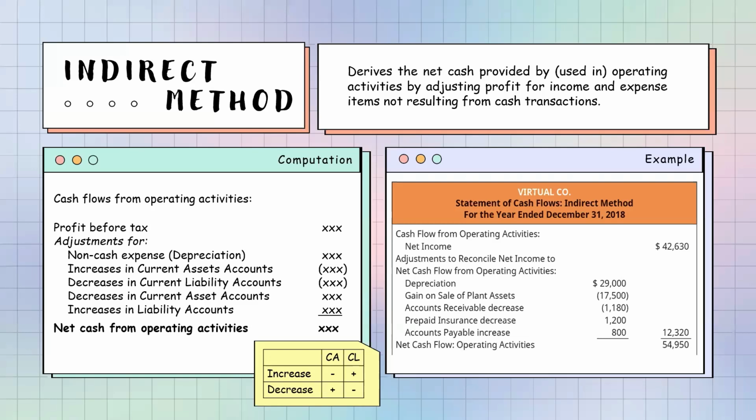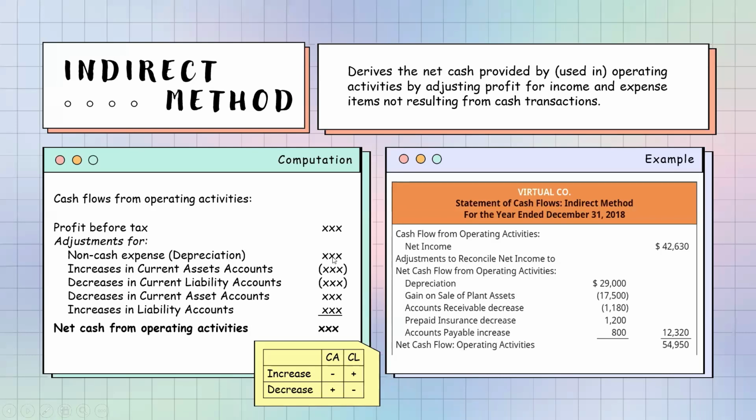So, makikita natin dito sa indirect method is first yung net income or yung profit and then yung mga adjustments niya. Here, di ba? Profit and then adjustments, which are non-cash transactions. Example ng non-cash transactions is depreciation.